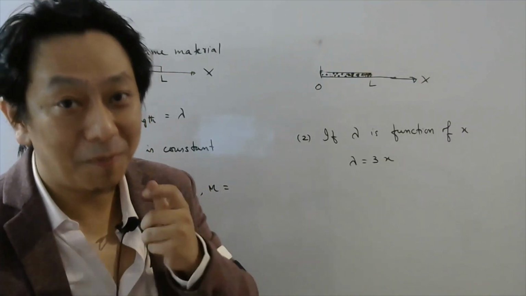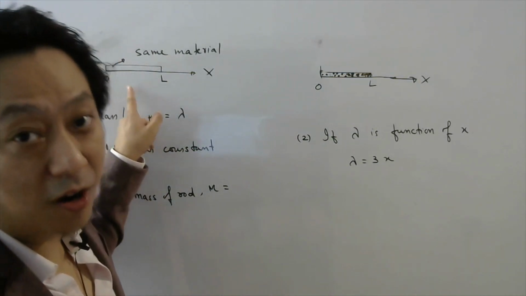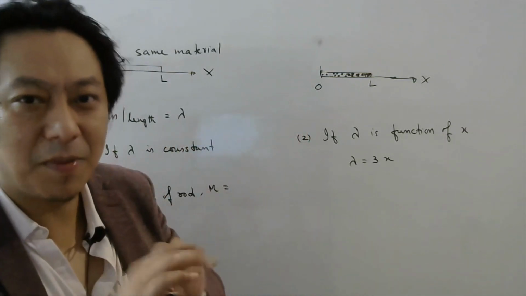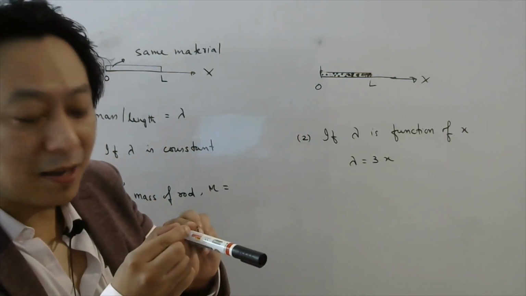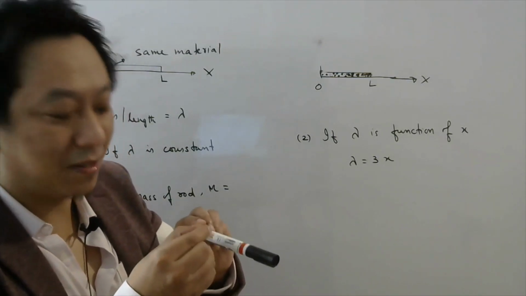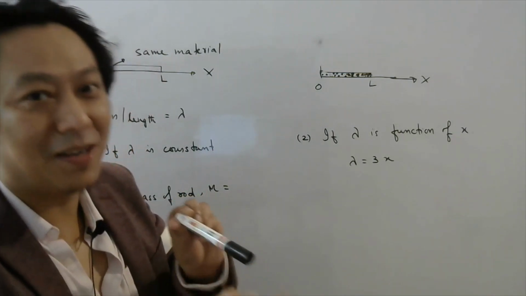Now let us do one application of whatever we have learnt. Imagine I give you a rod which is made up of uniform material, meaning the same material. So if this part has 2 kg mass, this part also has 2 kg mass, this part also has 2 kg mass. Why? Because it is the same material.